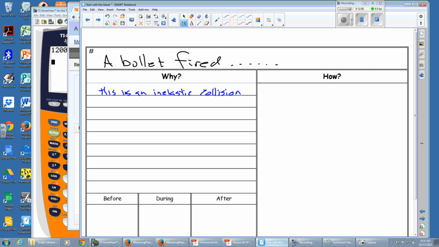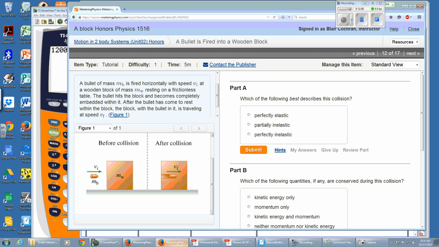You could say perfectly. Do they use that term? Yeah, because they're trying to differentiate between what I said. My vocab was semi-elastic. The book uses partially inelastic, perfectly inelastic. So I'd say perfectly, yeah.